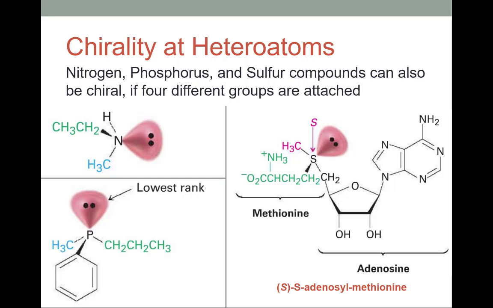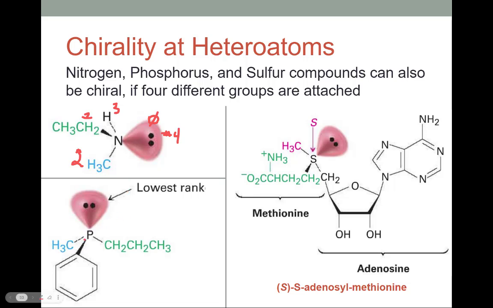All of them have a lone pair of electrons. We can still consider these chiral. The lone pair of electrons would just be counted as an atomic number of 0. So that's our number 4 ranked substituent, lower even than hydrogen. And the rest of our rankings are the same as we learned based on atomic number.